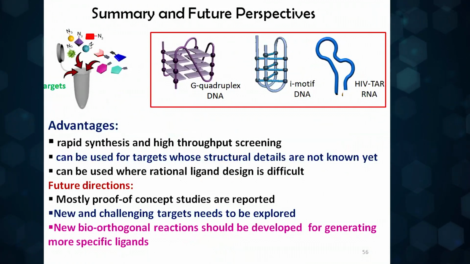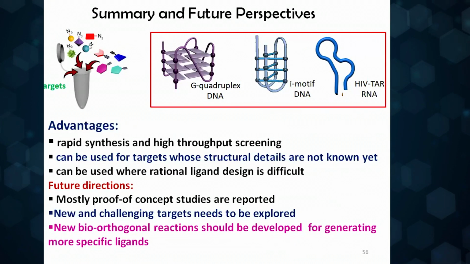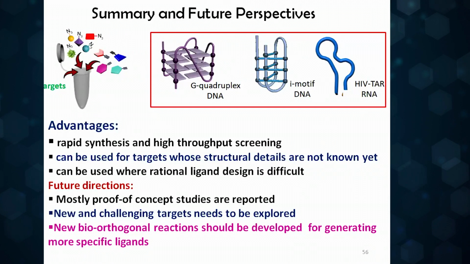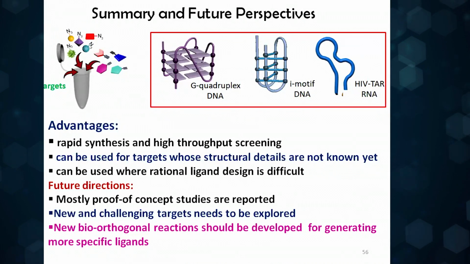Moreover, it can be used for targets whose structural details are not known yet, and where rational ligand design is difficult. However, most of the studies are proof of concept studies. New and challenging targets need to be explored, and new bioorthogonal reactions should be developed for generating more specific and complex lead compounds.